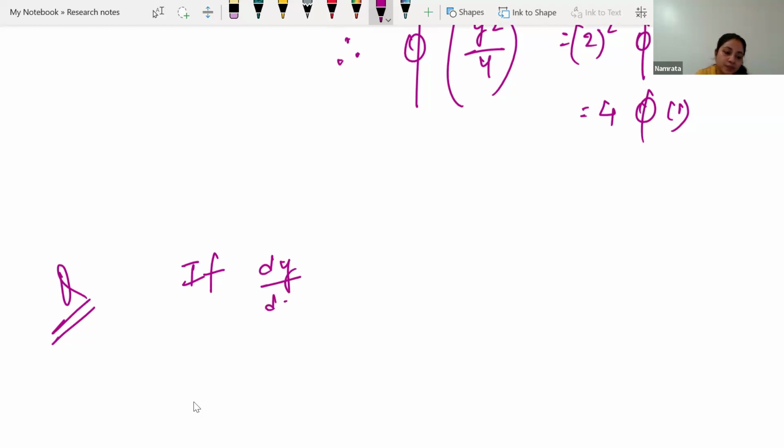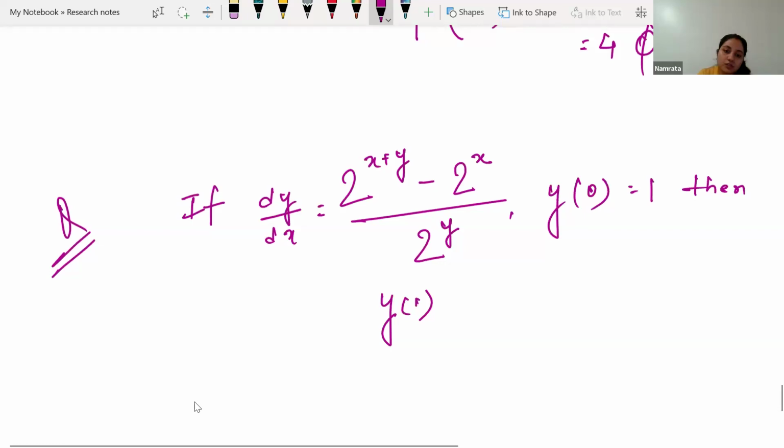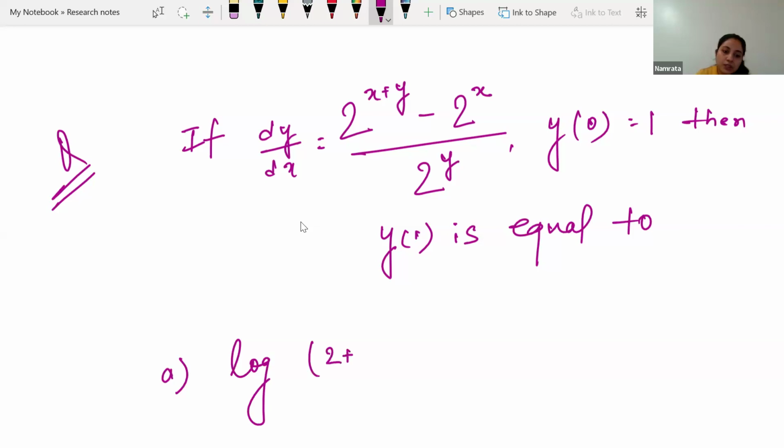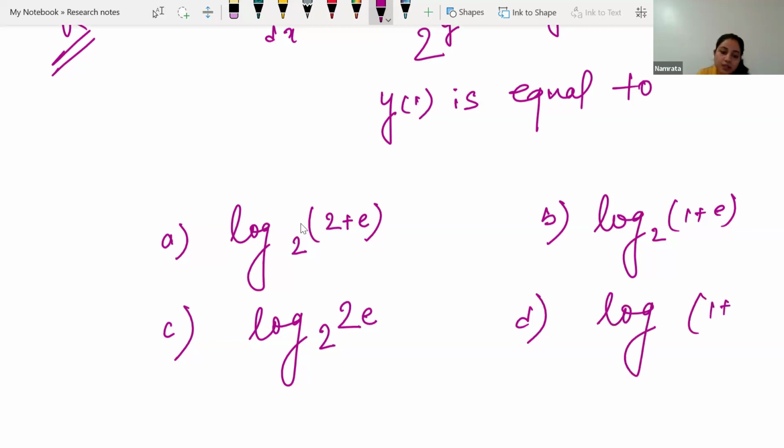If dy by dx is equal to 2 to the power x plus y minus 2 to the power x over 2 to the power y, and y of 0 is equal to 1, then y of 1 is equal to: option A, log 2 plus e base 2; option B, log 1 plus e base 2; option C, log 2e base 2; and option D, log 1 plus e square base 2. Again, okay, let's see how to do it.